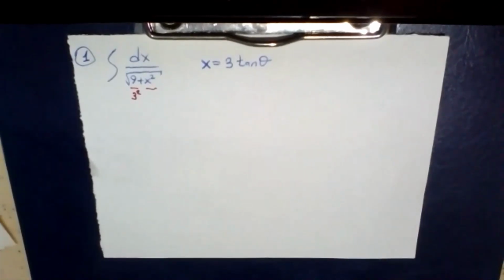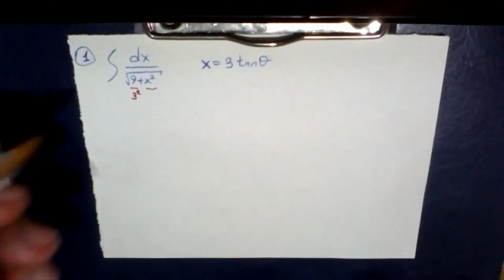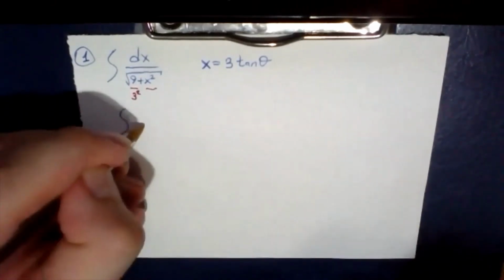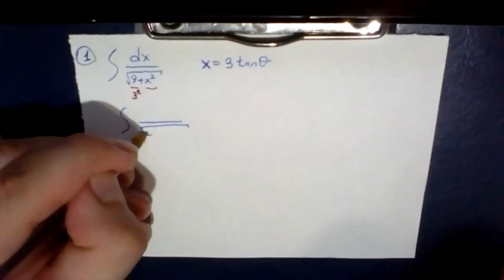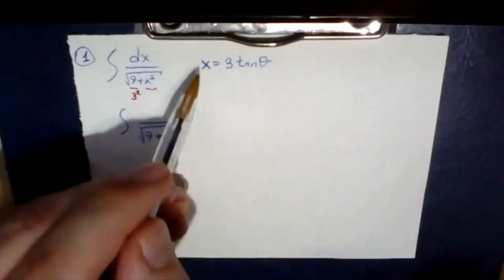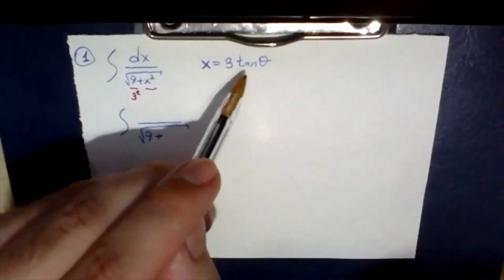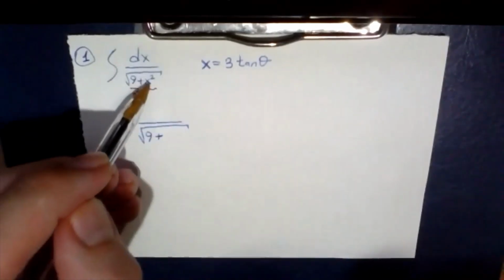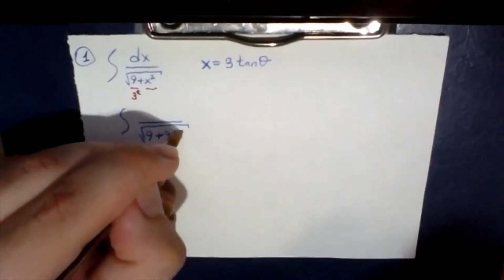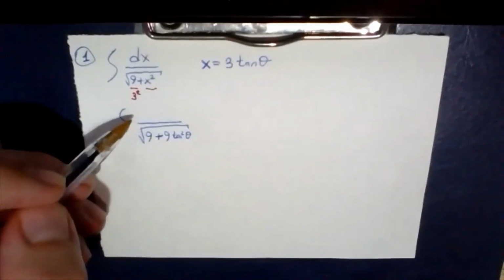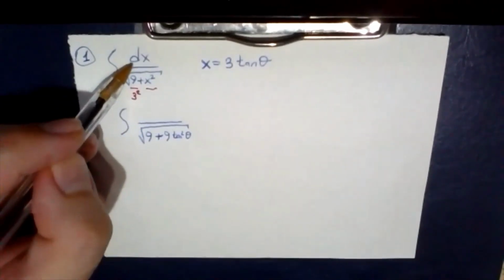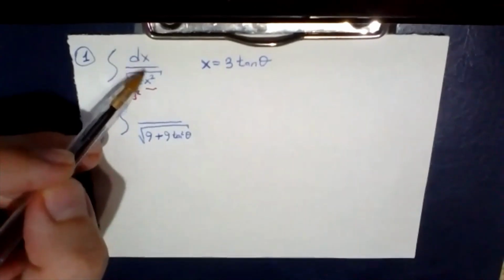The second one is to turn everything in terms of theta. So in the denominator, we have 9 plus x squared. Instead of x, we should write 3 times tangent theta, and the square of x is 9 times tangent squared theta. What about the numerator? In the numerator, it is written dx, but we can't use the x variable.